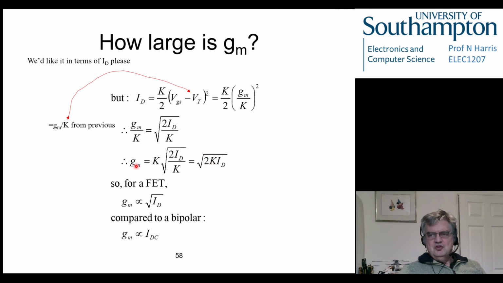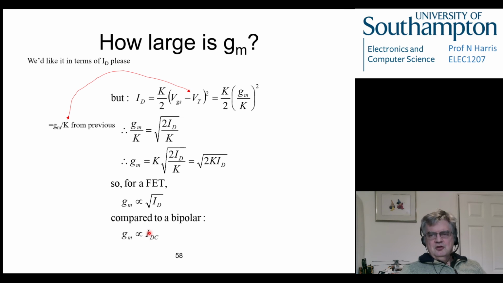So gm, remember, this is the gain that we're interested in. This relates to the gain of our device, the current gain, and is now related to the square root of ID, whatever ID is flowing through it. And for a bipolar, gm was proportional not to the square root, but linearly proportional to the current.